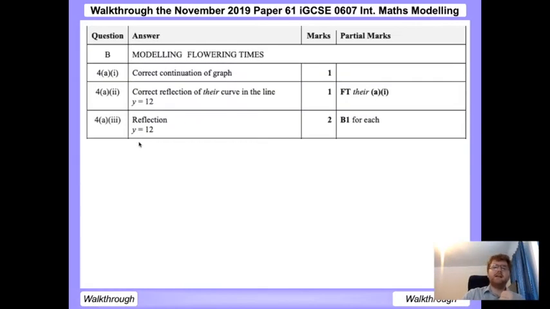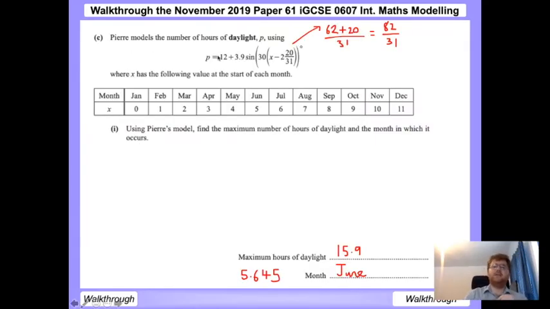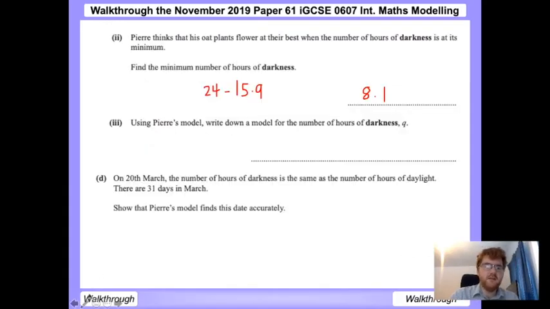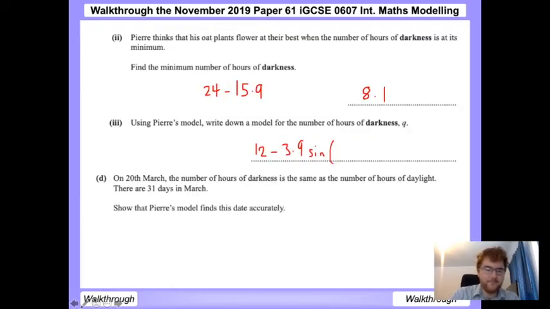Now the way we reflect a sinusoidal model, instead of having a plus here, we just put a minus instead. So we're going to copy across that model. The only thing that's going to change is we're going to put a minus there instead. Now the difficult part, of course, is remembering everything else that's in the model. So we've got 30.